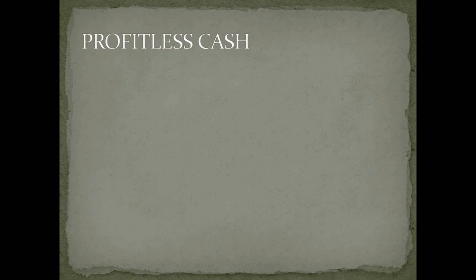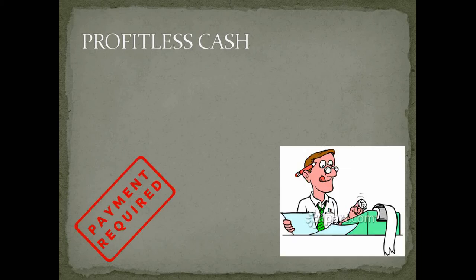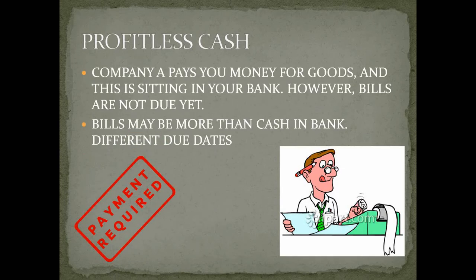Now the reverse, or the inverse, of that is profitless cash. This is where the business has a lot of cash, but it's actually operating at a loss. And so a company or a client has paid you money for whatever service you performed or goods that you bought.